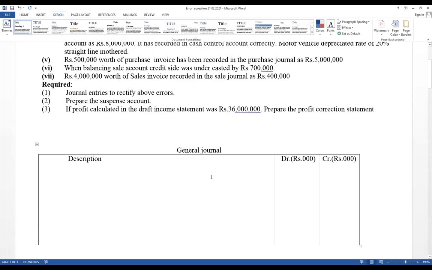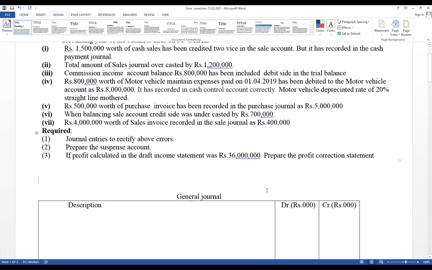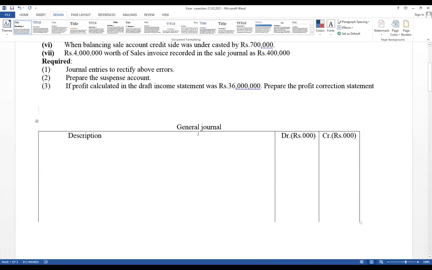The source document relevant for information recorded in the general journal is journal vouchers. Sometimes it has given journal voucher numbers also. But in this example, no journal voucher number is given. Description, debit and credit. This is requirement 1.